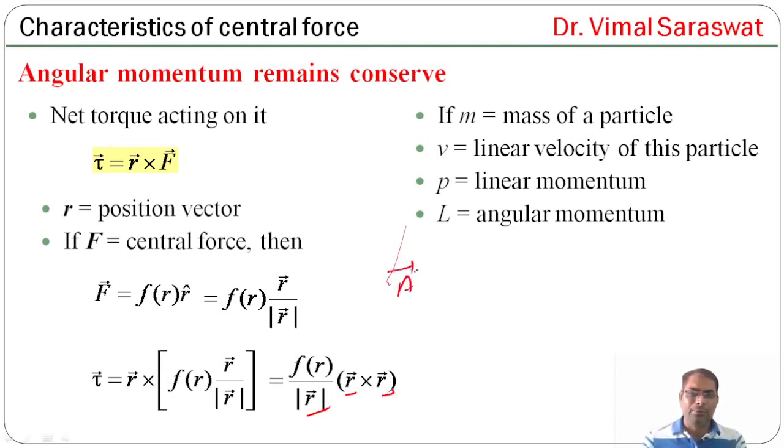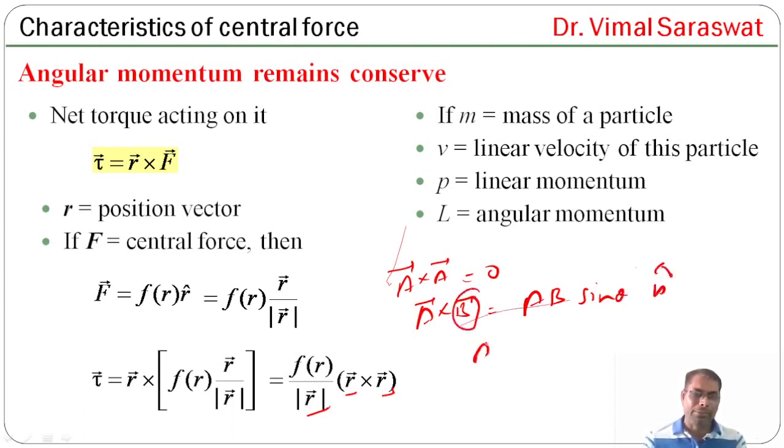Since vector a cross a is 0, because a cross b is ab sin theta into n cap, and if we replace b with a, this will be a sin 0, because the angle between two same vectors will be 0, as both vectors are parallel or overlap. So a cross a is always 0, so r cross r will be 0.